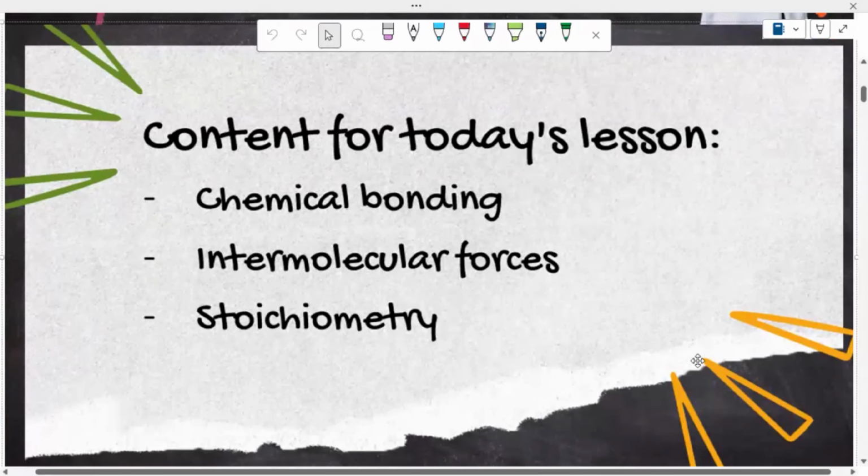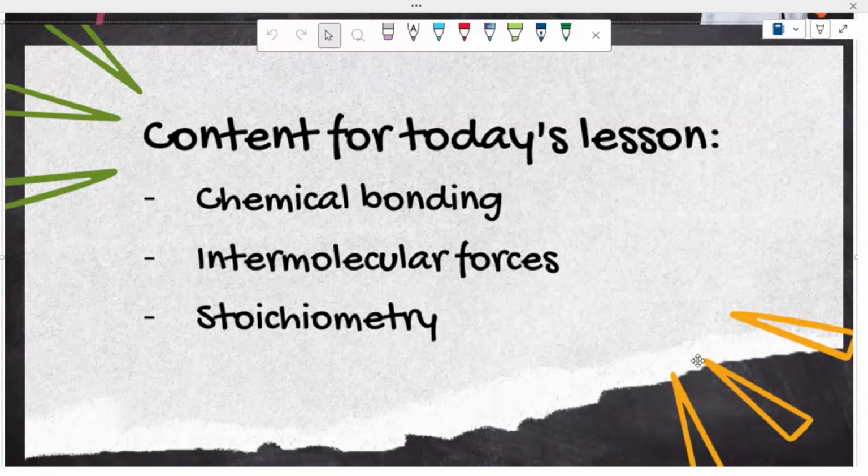So in terms of what we are doing today, we are going to be working a little bit through our chemical bonding. So just all the different bonds that we have, all the different factors that affect our chemical bonding. We're also going to be looking at Lewis diagrams very briefly. We will be doing some intermolecular forces, where we're also looking at the relationship between different forces and how that affects our melting points and our boiling points.